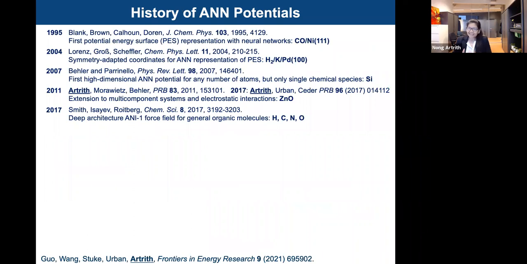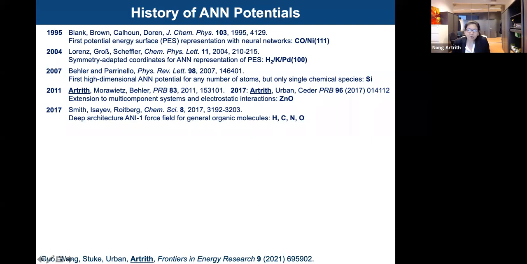I know that in the introduction the organizers already showed very nicely the development of machine learning potentials, but now I would like to focus only on my own research, where I have been involved in the development of artificial neural network potentials for some time. But actually the idea to use neural networks to represent potential energy surfaces is not new.